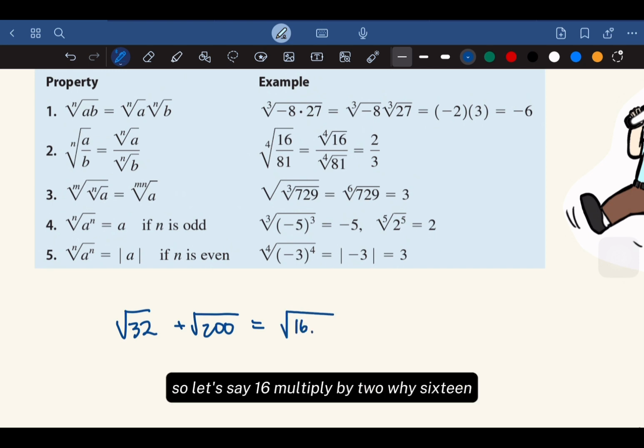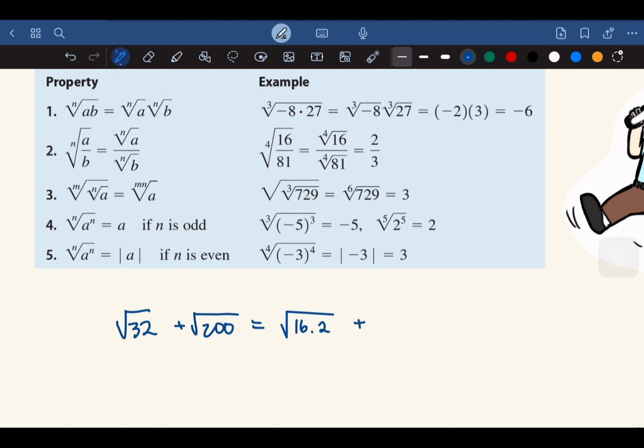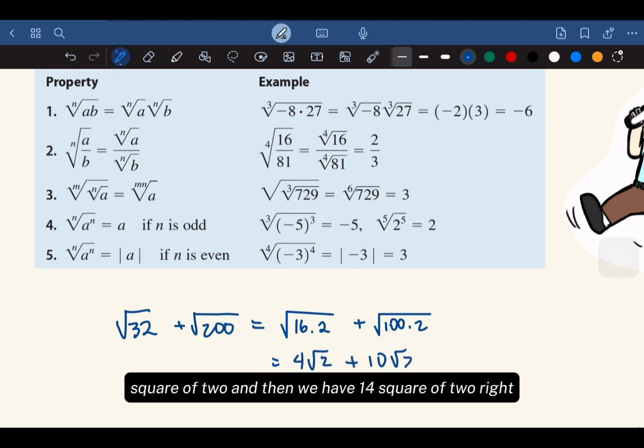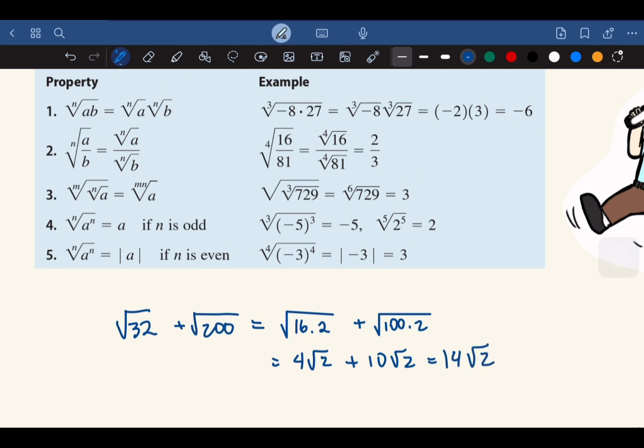So let's say 16 multiplied by 2. Why 16? Because we can have this perfect square if we take the 16, right? And then 200, maybe 100, right? Multiplied by 2. It means that we can have 4 square root of 2 and then plus 10 square root of 2, and then we have 14 square root of 2, right? Okay.